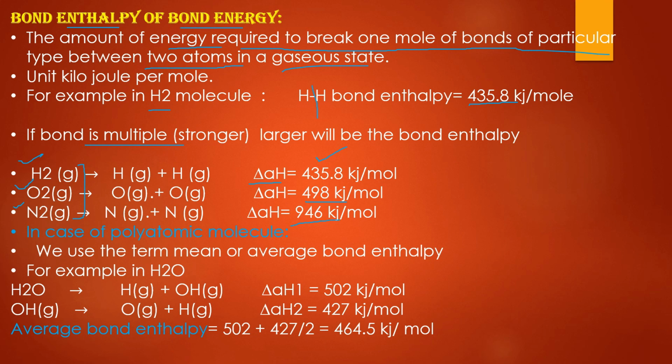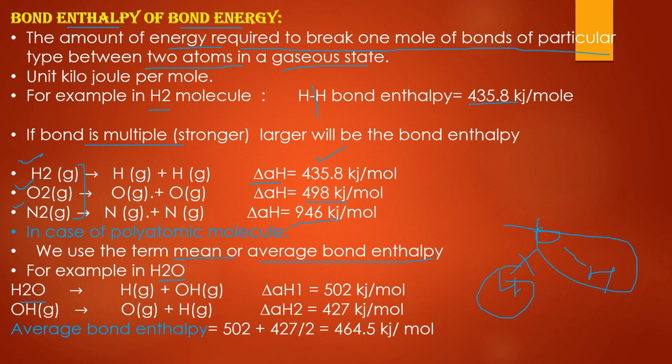Now the next is the case of a polyatomic molecule, meaning more than 2 atoms are present in the molecule. In that case we use the term mean or average bond enthalpy. Let us take the example of H2O. Now you know that in H2O this is oxygen, this is hydrogen, and this is hydrogen. So in the first step one bond is broken. So H2O is first converted into one hydrogen and OH, right?